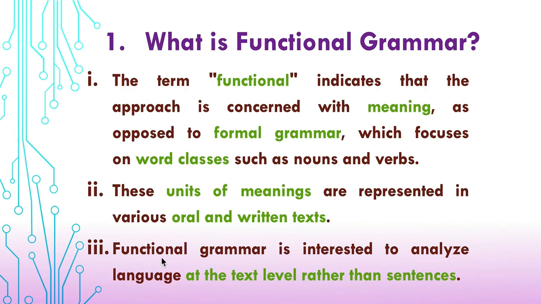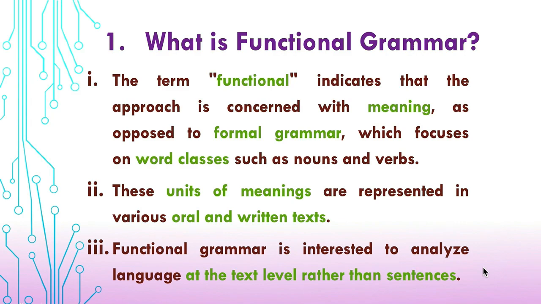Point number 3, functional grammar is interested in analyzing language at the text level rather than sentences. Look here, functional grammar does not talk about only one sentence, or only one single word. In formal grammar, we talk about words, we talk about sentences, and we analyze how the words help in the construction of sentences.